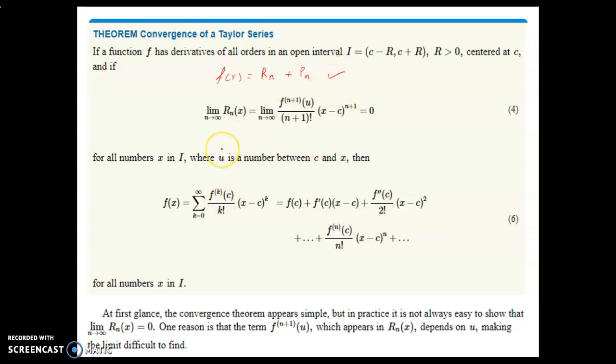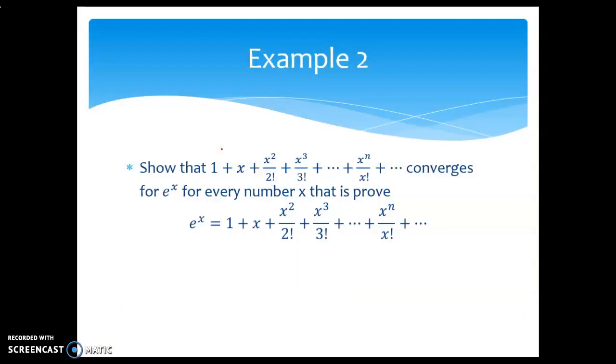Here we are going to discuss two scenarios.